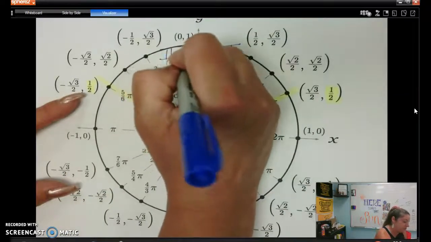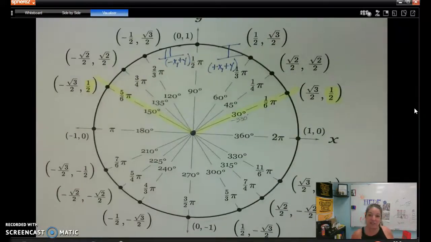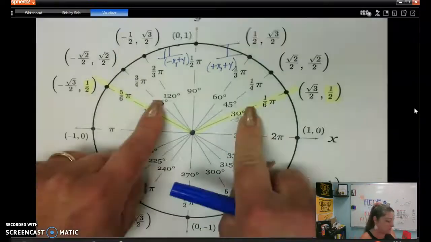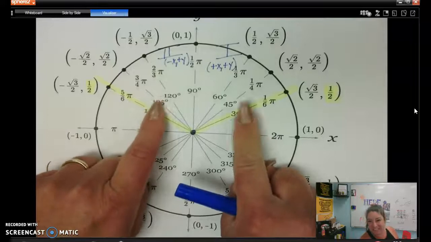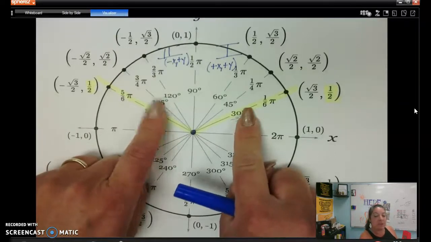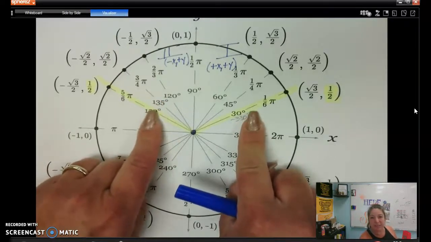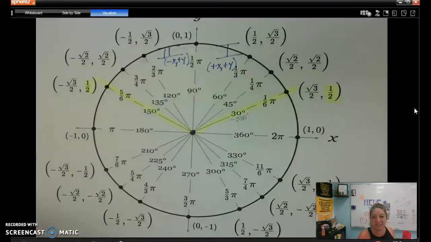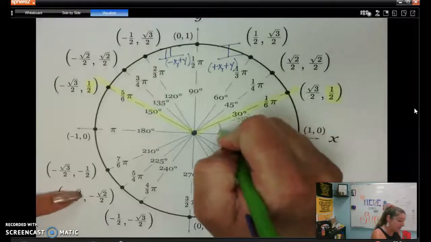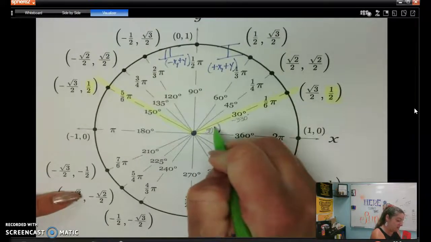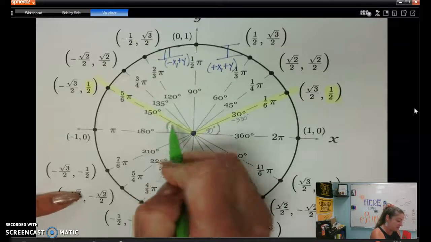And so when we're doing the sine, especially the inverse sine, we don't need to look at both of these angles because they're both going to be a positive 1/2. And again, we just don't need to worry about them. This 30 degrees right here is the same as this 30 degrees.